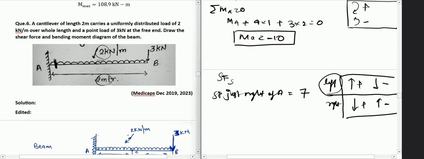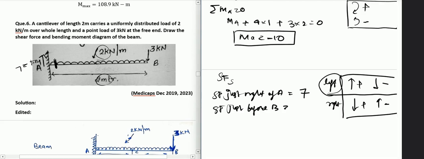As you can see, we just calculated right of A, considering the forces on the left, which is just the reaction force at A in the upward direction, FAY, which is equal to 7, as we have calculated earlier. We can also calculate shear force just before B. Just before B, we have 7 minus 4 because of this UDL, which you can see from the FBD.